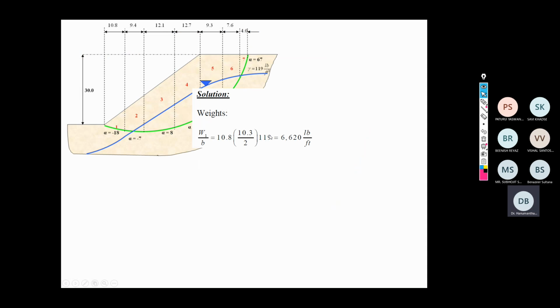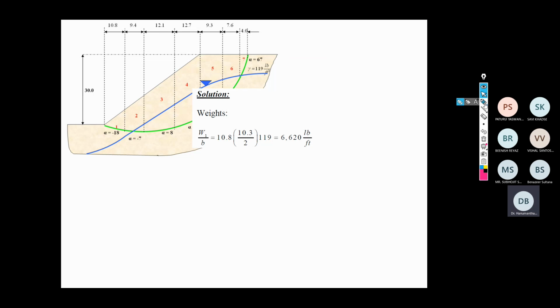So first, the solution weights W1 by B. The B is the width of the slice. So W1 means the weight. Here this is half base into height. So 10.8 is the width.